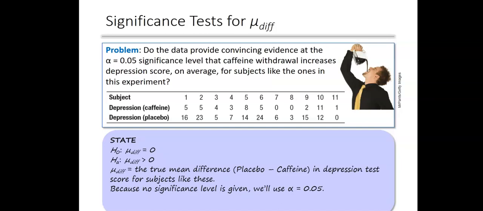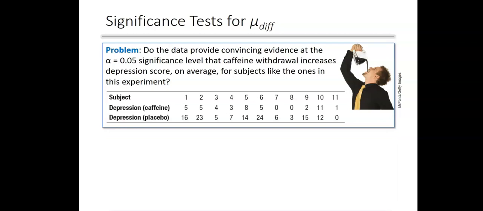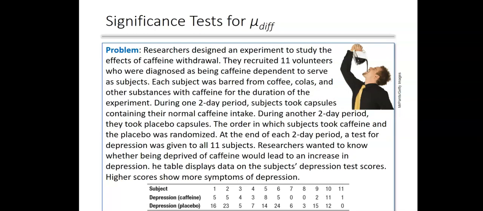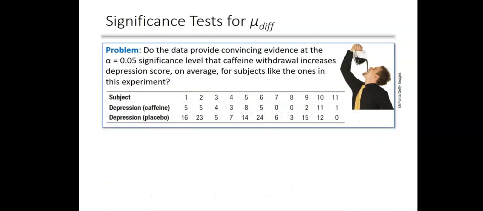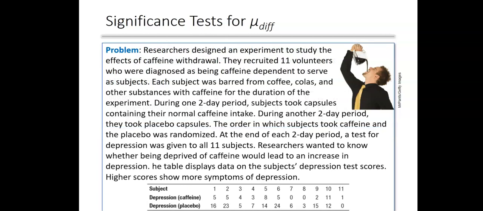Did they say an order? They should say an order in there, like caffeine minus placebo. There's evidently something called a depression test score. Higher scores show more depression.